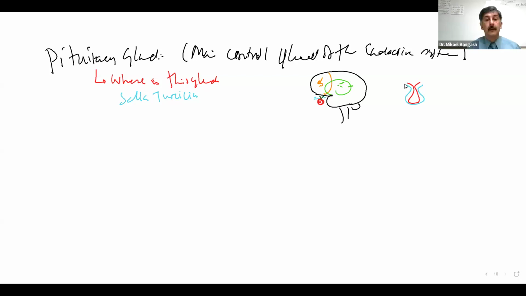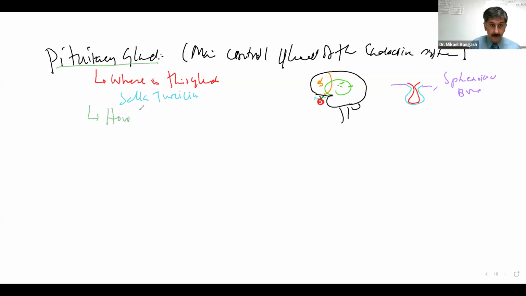The sella turcica is a weird structure in the sphenoidal bone. The pituitary gland.